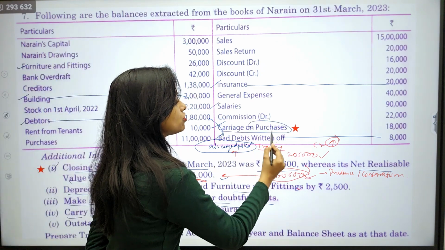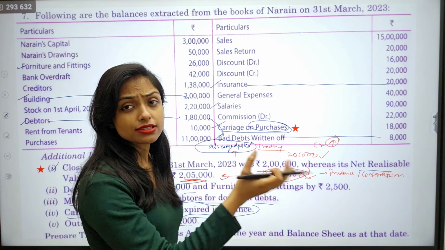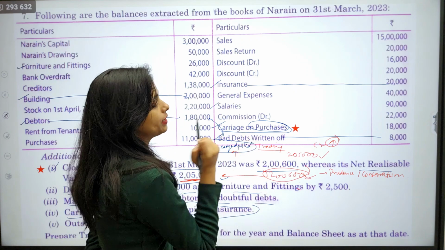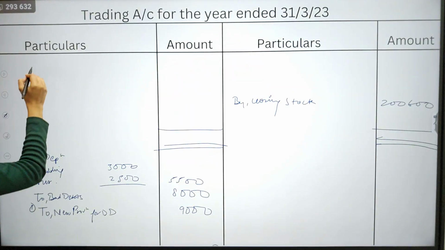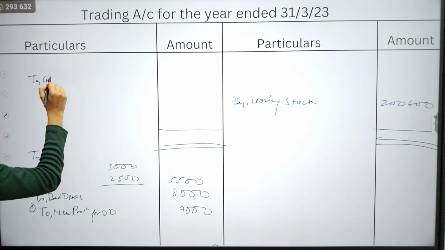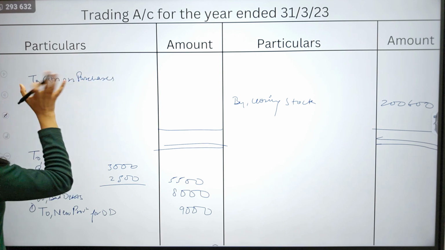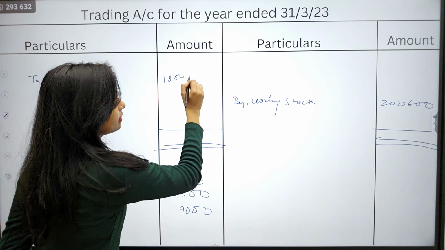That is, on purchases, when we were purchasing the goods from the seller and we had to bring them to our factory, then we had to pay this carriage. This was on purchases. We are going to write it in the trading account. Okay, you can write it here, to carriage on purchases. So these are different names that they give to the same item, 18,000.